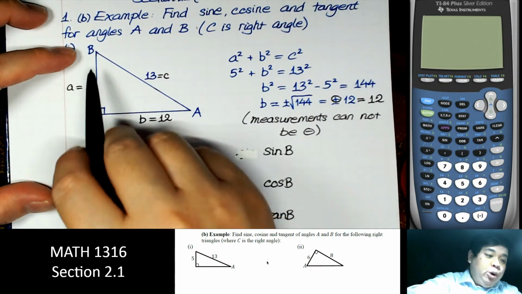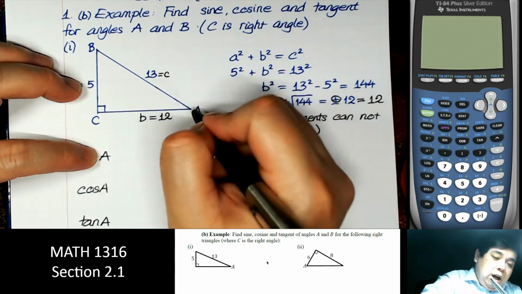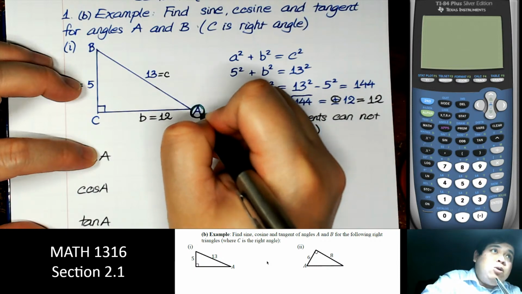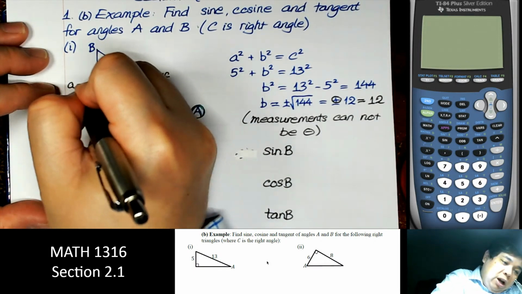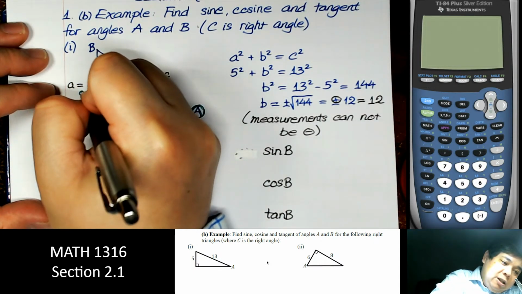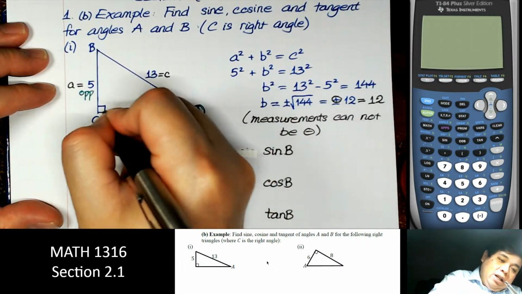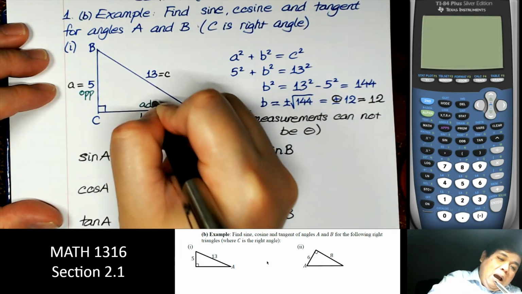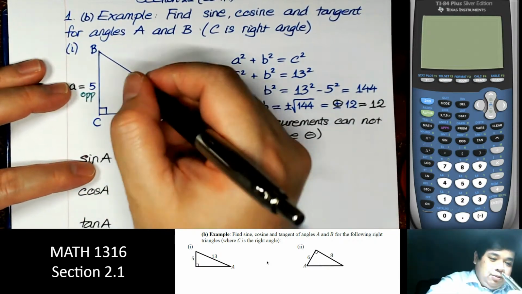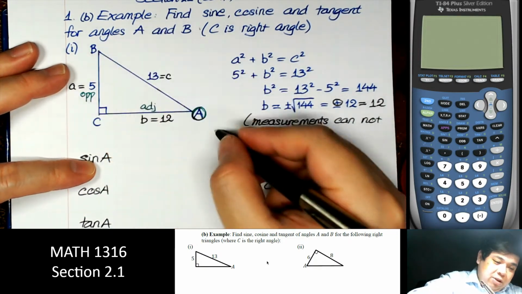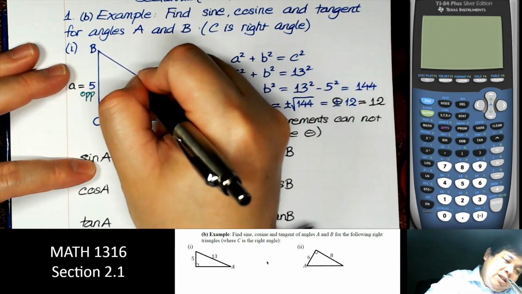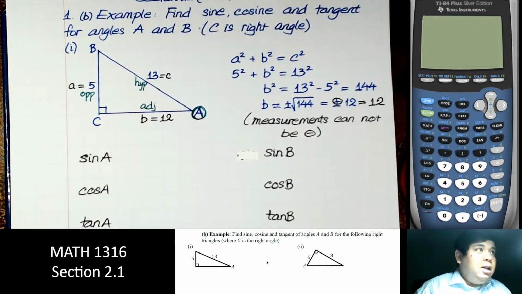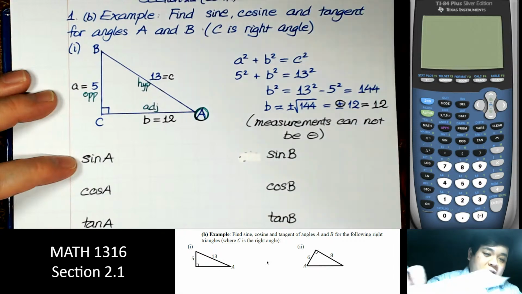Now, we do A first. With respect to angle A, this is going to be opposite to angle A, and this is going to be adjacent to angle A. Hypotenuse is always tucked in. It's always the longest side. And then we just base it on the definition.